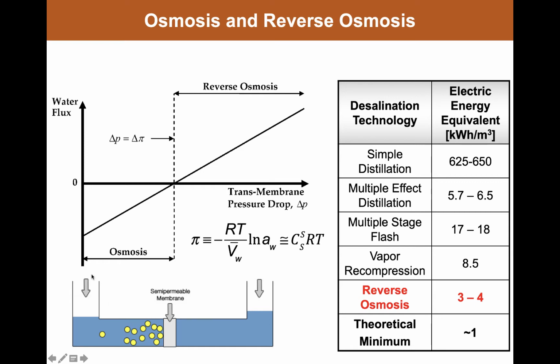Now, if we start to apply a hydrostatic pressure on this left-hand chamber, and the hydrostatic pressure on that chamber is greater than it is on the right-hand side, that pressure difference can cause a flow of water or a flux of water that goes from left to right.